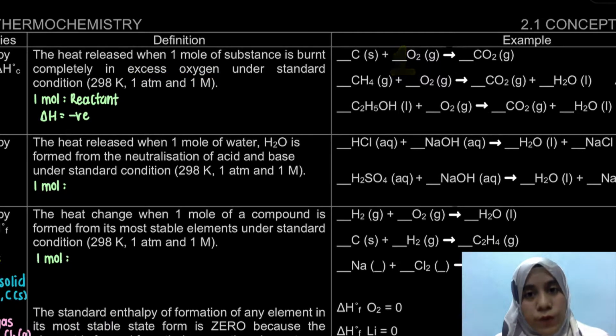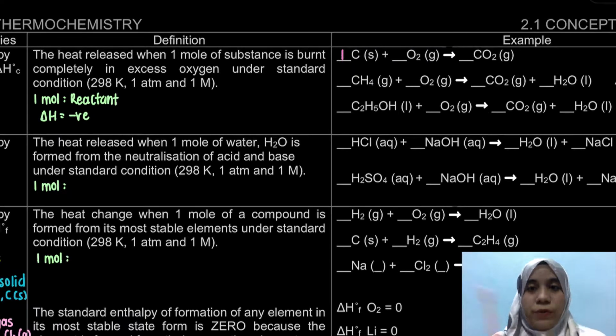It could be 1 mole of oxygen, but based on the definition, the 1 mole must be the other reactant besides oxygen. In this case, our reactant is carbon, which must be 1 mole. So here I'm just going to write down 1 mole of carbon.